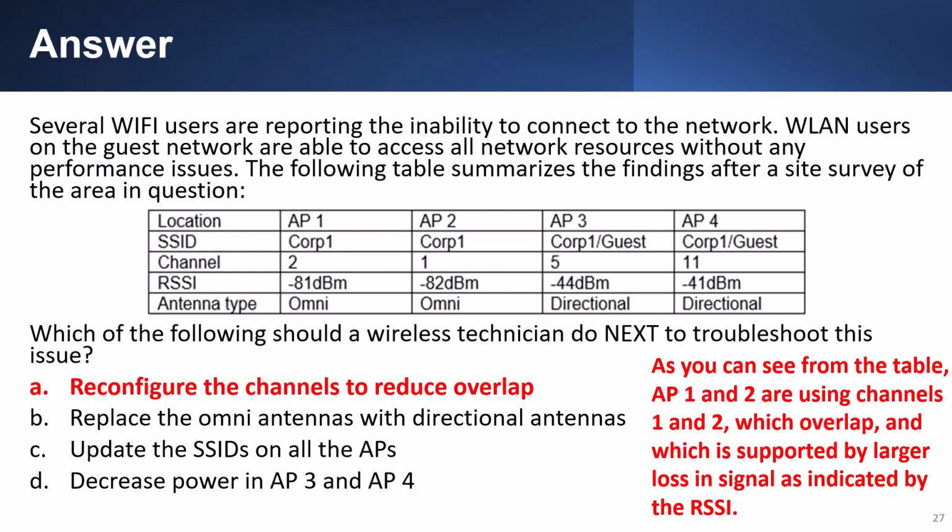Answer: Configure the channels to reduce overlap. As you can see from the table, AP1 and 2 are using channels 1 and 2, which overlap, which is supported by larger loss of signal as indicated by the RSSI.